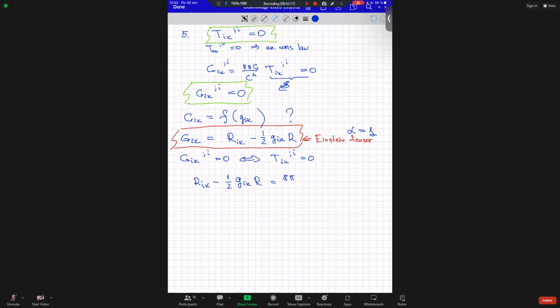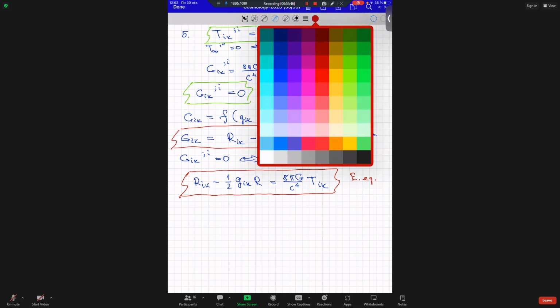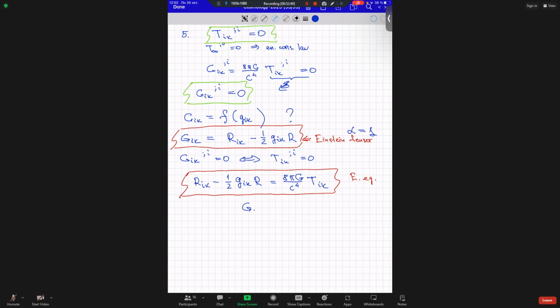This is the Einstein equation for the gravitational field. Or you can use a much shorter form, just write G_ik equals 8πG/c^4 T_ik, the same. Understand what G is.